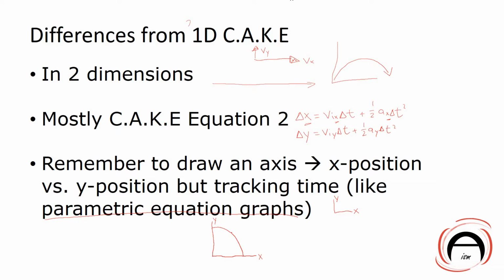So it's going to be kind of like a graph you have right here. Let's say you've gone 1 meter in the x direction and you're 1 meter also in the y direction. And then right here, you're going to actually also put the time. So let's say you get to 1 meter high and 1 meter in the horizontal direction, and that's going to be over 1 second.